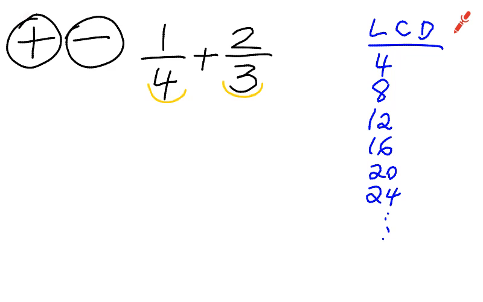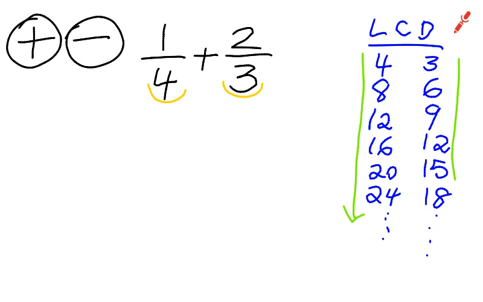Then we list the family of 3. These are the multiples of 3, or the numbers in the times table of 3. 3, 6, 9, 12, 15, 18, and so on. So what we do now is look at both lists and check which numbers are repeating. The first pair of numbers that repeats is the 12.